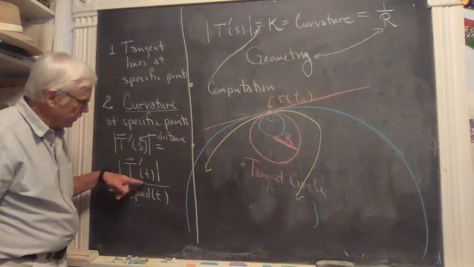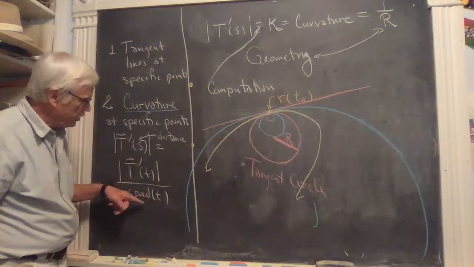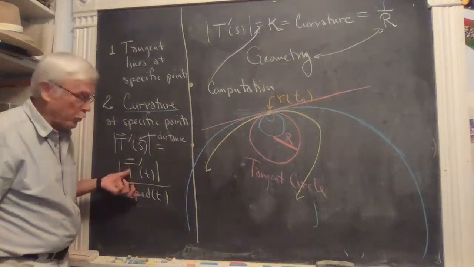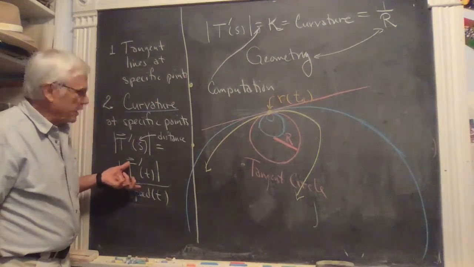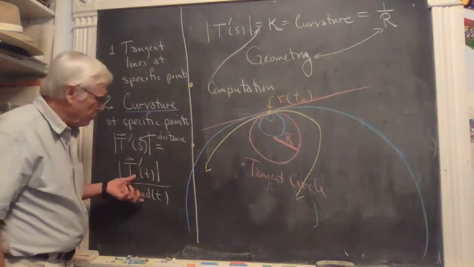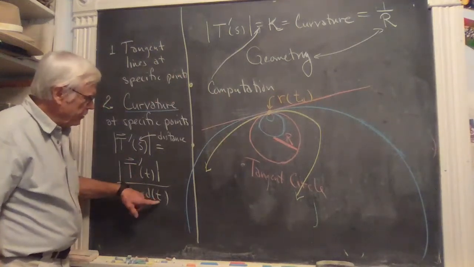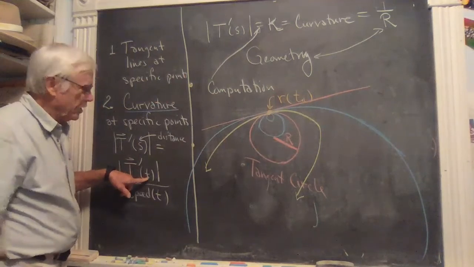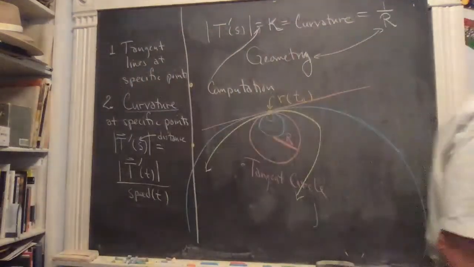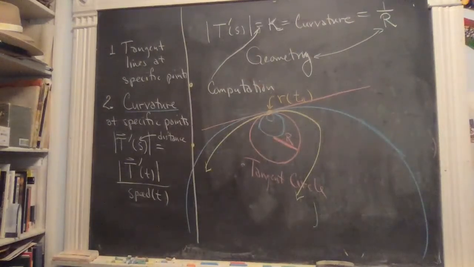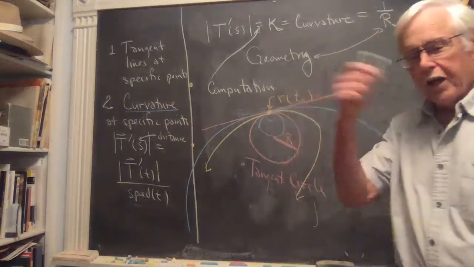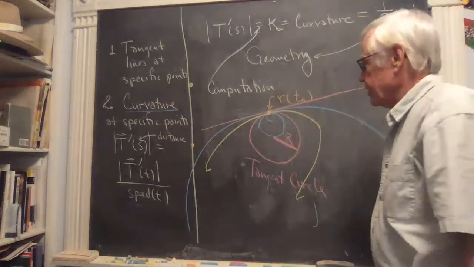So this is a function of time that you have to compute, or you could have Mathematica compute this for you. But this is the curvature function, and in order to compute it, you would have to have t-values. You plug those t-values in. It gives you a number for the curvature, and from the curvature, you can compute the tangent circle radius, and the radius of the tangent circle tells you how tightly that curve is curved at that point.